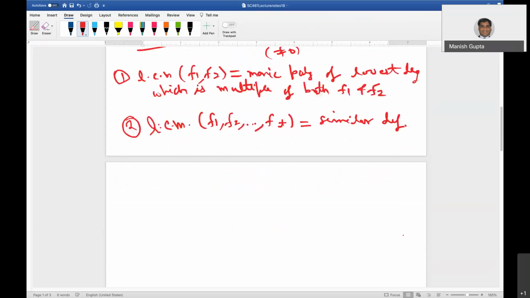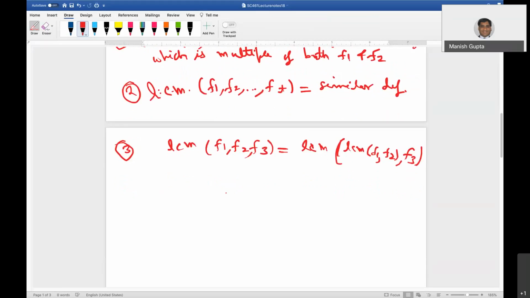Also note that the LCM of f1, f2, f3 can also be computed as the LCM of f1 and f2 with f3.